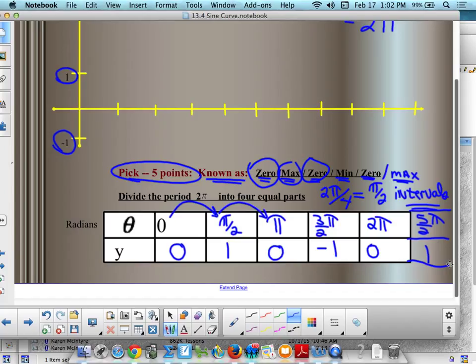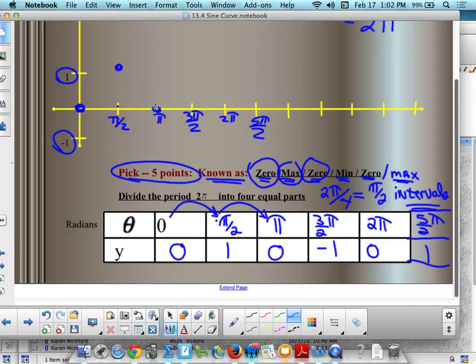And then if I'm graphing by myself, it's just put your intervals down. Don't do this because you did this on the first slide. All it is, start where? 0, 0, then go where? Pi over 2, up 1, max.